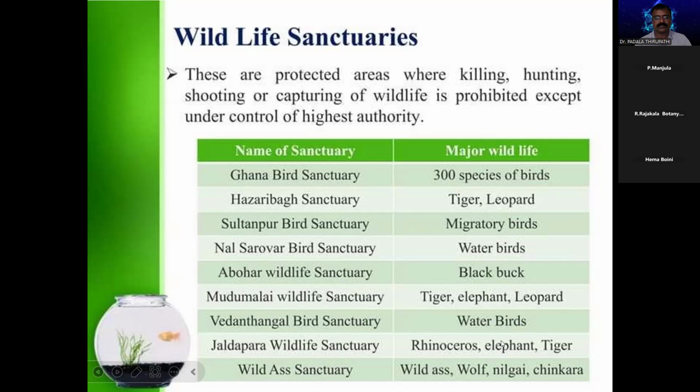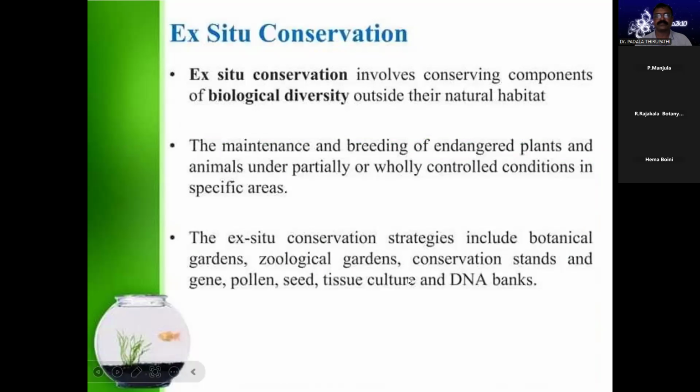Vedanthangal Bird Sanctuary: water birds. Jaldapara Wildlife Sanctuary: rhinoceros, elephants, and tigers. Wild ass sanctuary: the wild ass, wolf, nilgai, and chinkara. These are protected here. These are some of the wildlife sanctuaries.